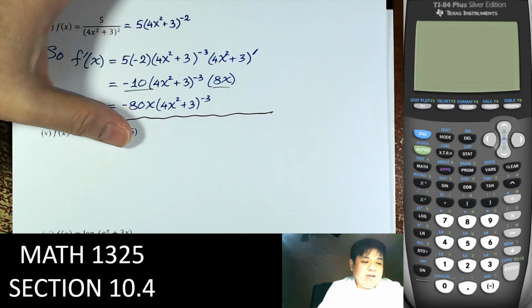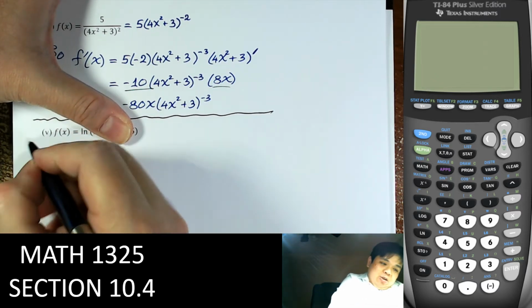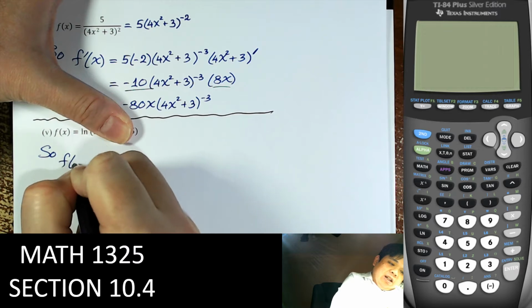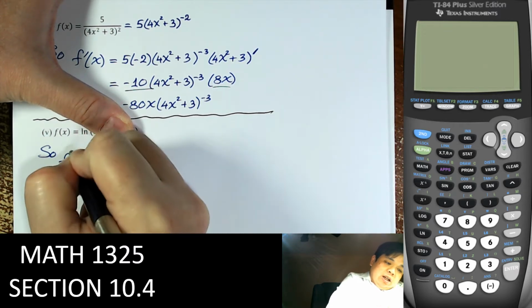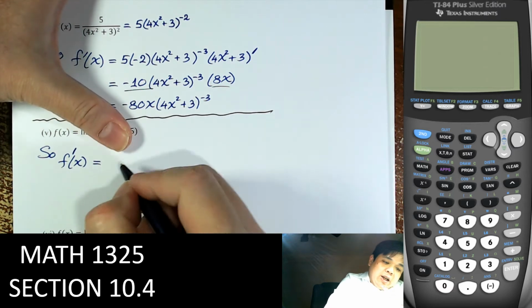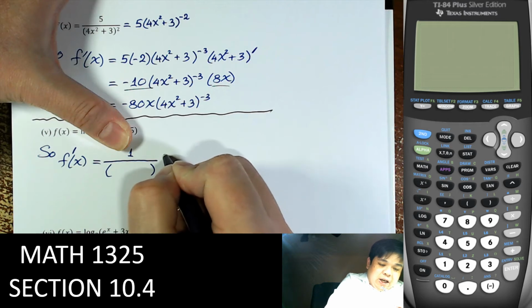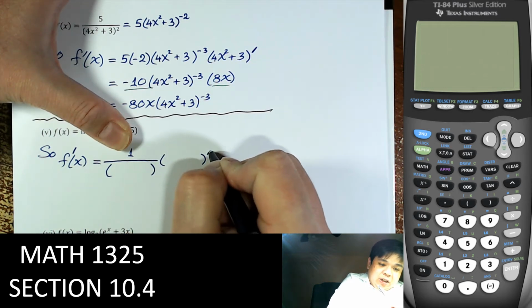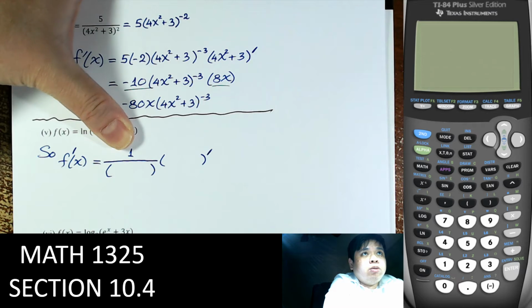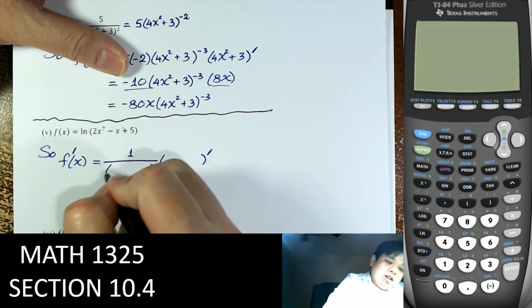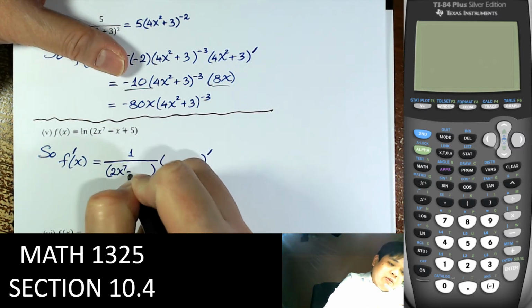Here we have ln of a parentheses. The derivative of ln, the natural log, is 1 over the parentheses, times the derivative of the parentheses. It doesn't matter what is inside the parentheses: 2x to the 7 minus x plus 5.